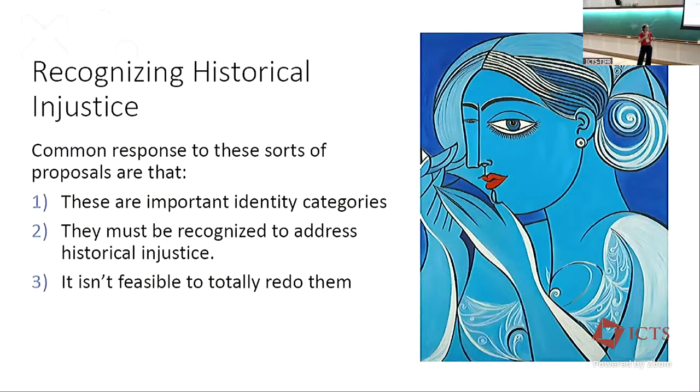Second, people point out that if you really could get rid of the recognition of these types of categories, you couldn't talk about unfairness in the past, right? If you really became colorblind, you couldn't talk about racial injustice. If you became caste blind, you couldn't have rules that say people of certain castes can get certain jobs. So that might be an issue. And then the last point is that this isn't really doable.